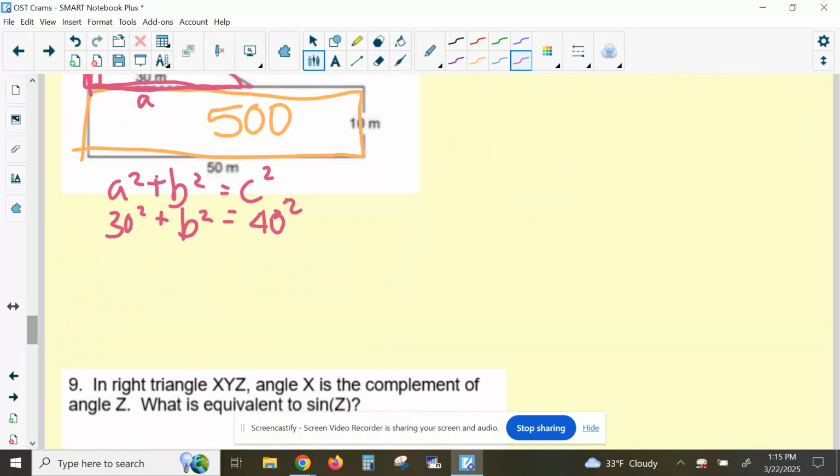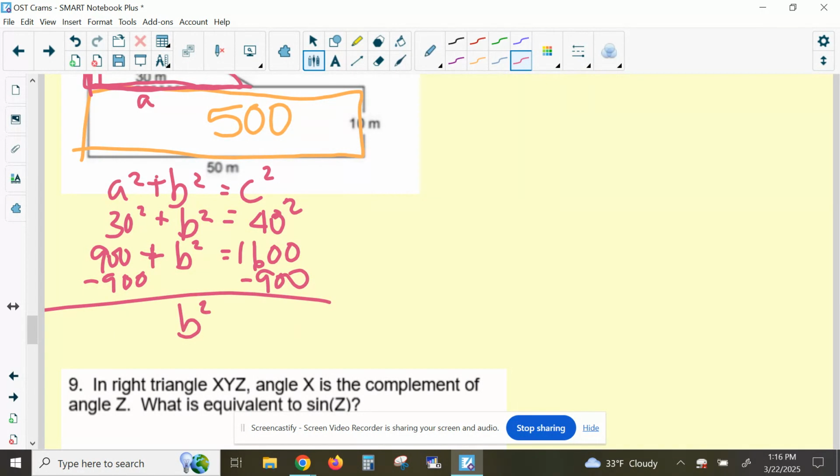Okay, so 30 squared is what? 900 plus b squared equals 40 squared is 1600, minus 900 from both sides. I've got b squared equals 700.